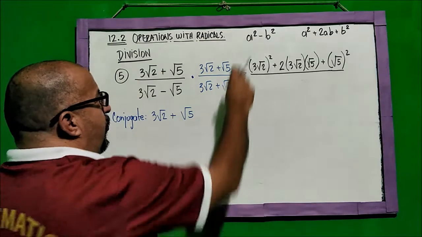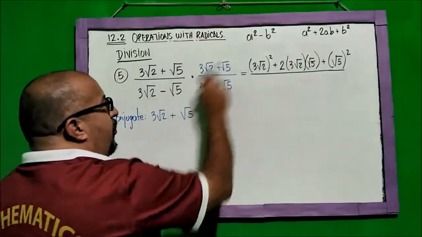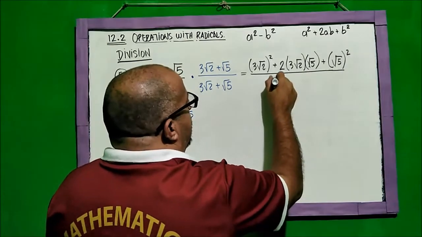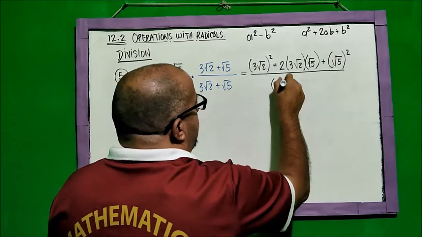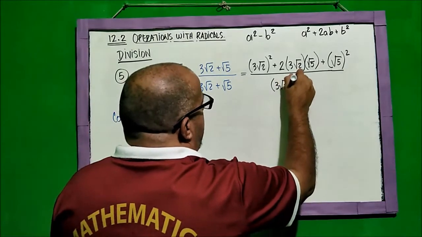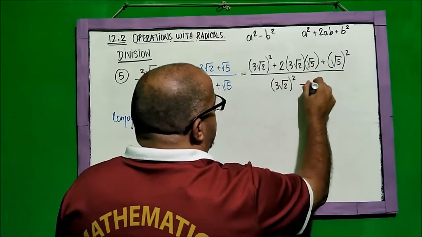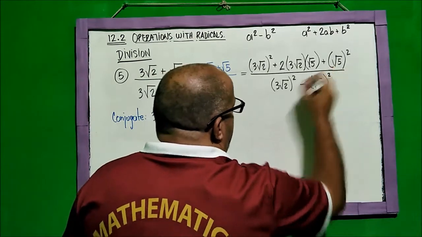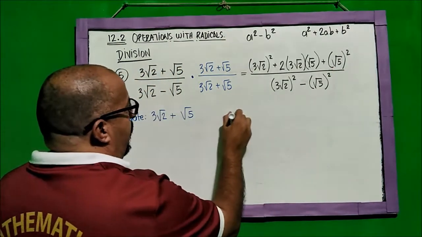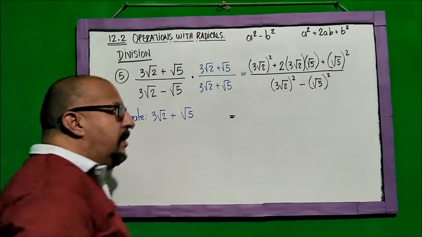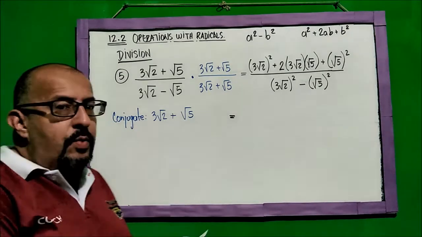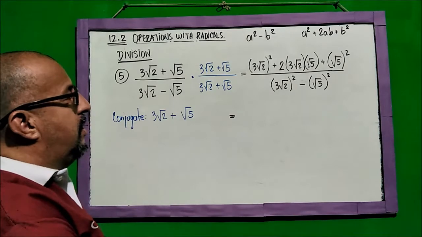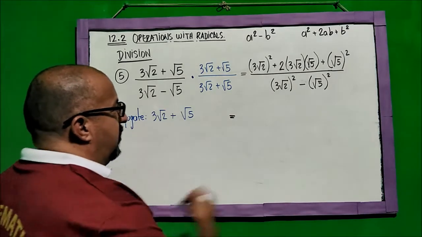And at the bottom, we apply the sum and difference pattern, which is solved by the difference of 2 squares. So 3 square root of 2 to the second power minus the square root of 5 to the second power. And now, people, we have done the process of rationalizing the denominator, and what we need to do now is just simplify algebraically the expressions. So let's start the process.